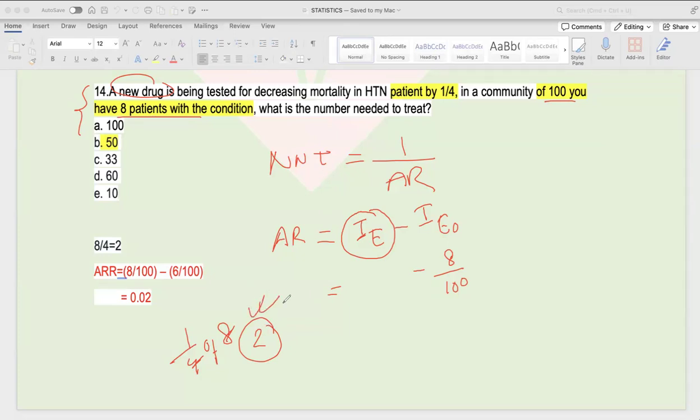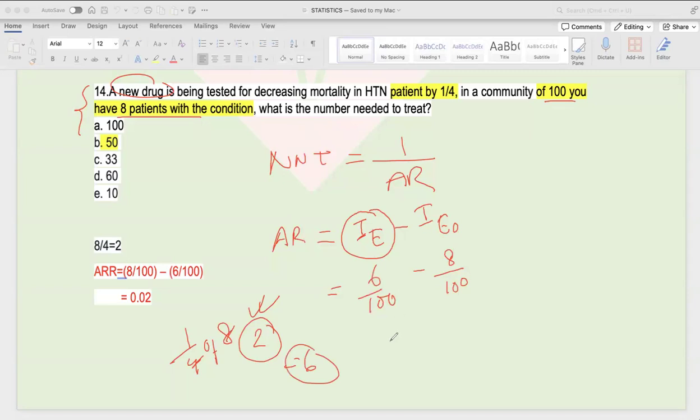So how many people are getting the disease even after the new drug? Guys? 6 people. Okay. So 6 out of 100 are still dying despite this medication.